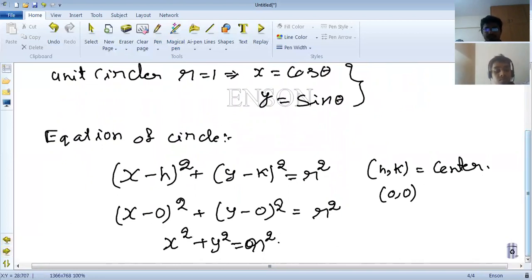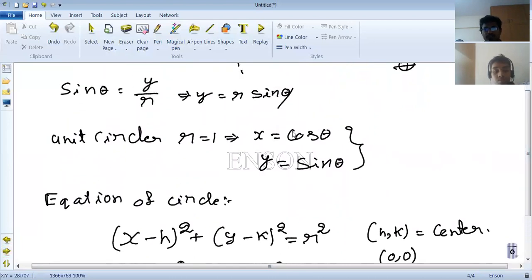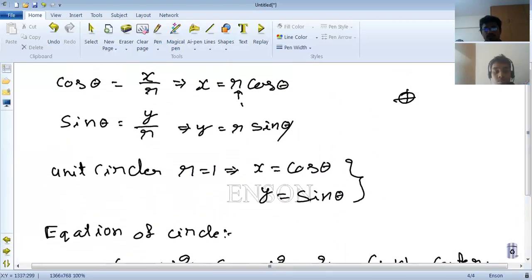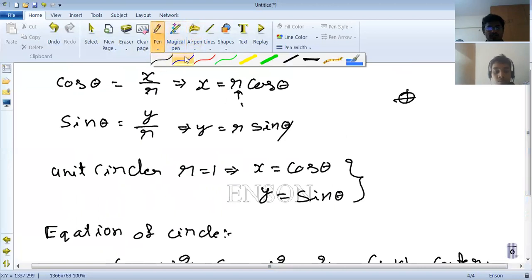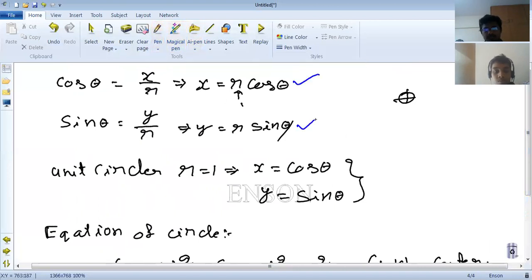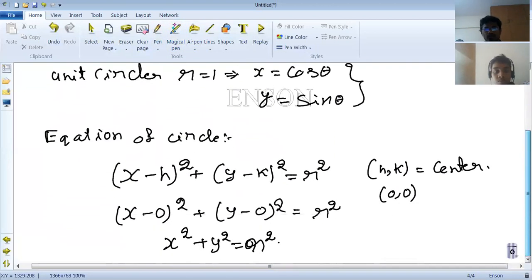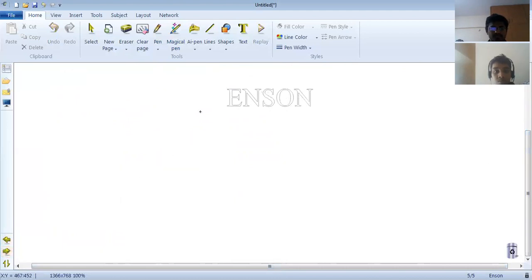Now we have x and y values. If you are observing, just plug those values in the circle equation. Then what will we get?